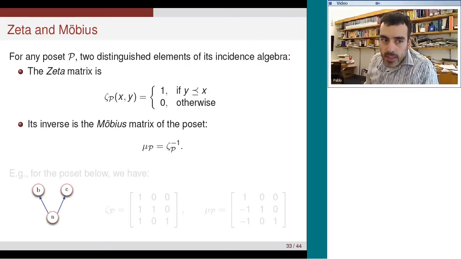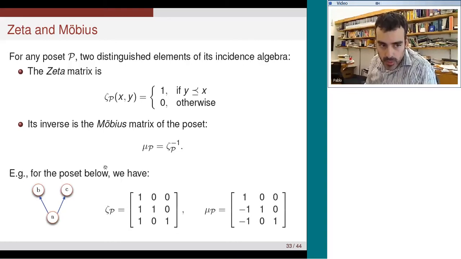And the zeta and the Moebius matrix is just the inverse of that matrix. Right? So for instance, for our poset, the example that we have below, remember this was the structure of my system. This was what the matrices in the incidence algebra look like. They have this sparsity pattern, and the zeta matrix has ones everywhere except where it should have zeros.